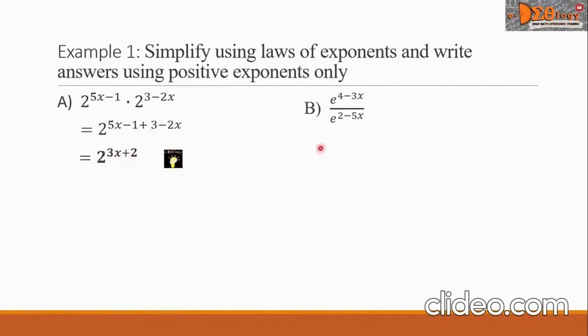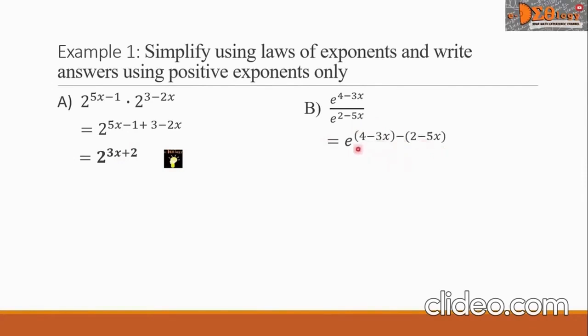For letter B, we have division of exponents with the same base, which is e. So we will subtract the exponents. So we have e raised to 4 minus 3x, then minus the exponent of the denominator, 2 minus 5x.